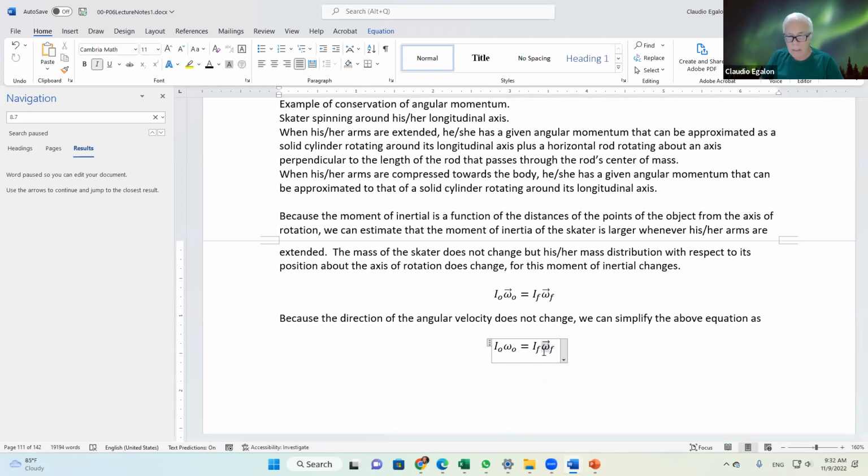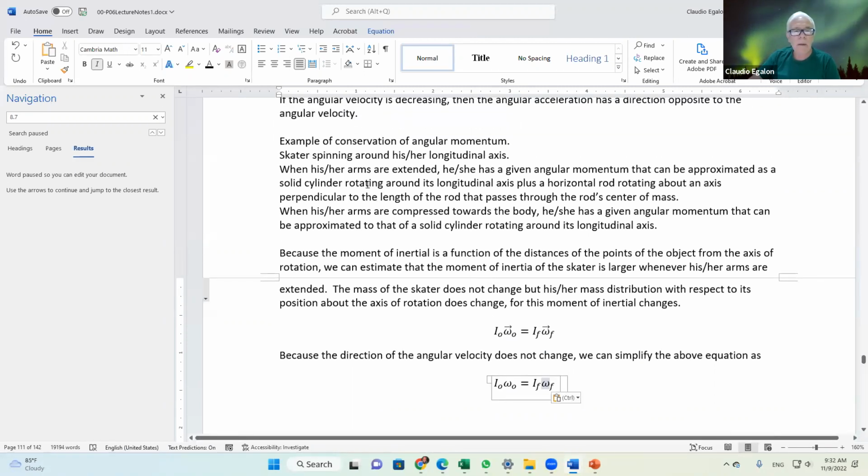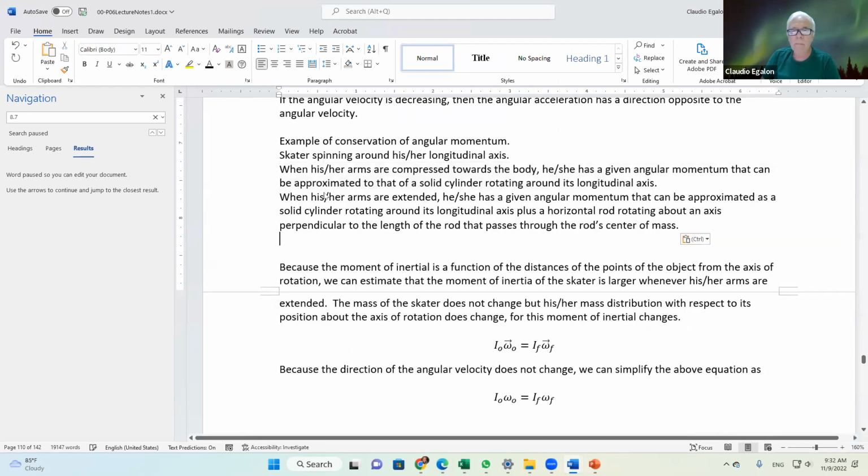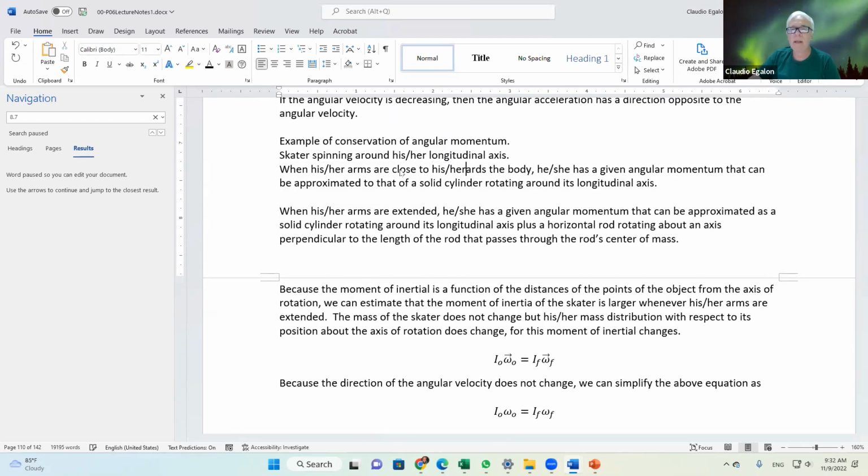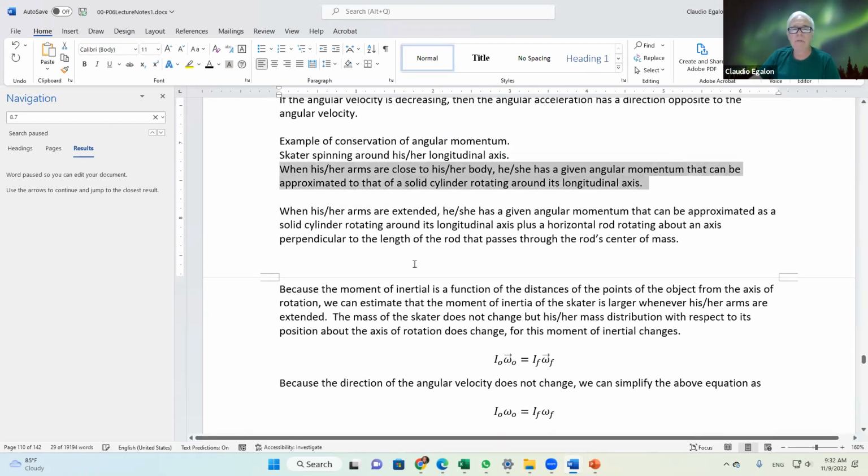When her arms are compressed toward the body, close to her body, she has a given angular momentum that can be modeled as a solid cylinder rotating about its longitudinal axis.